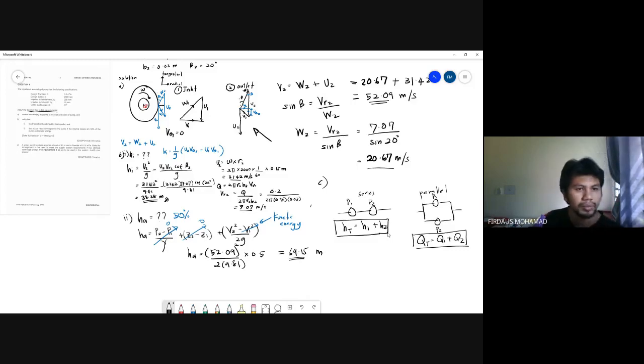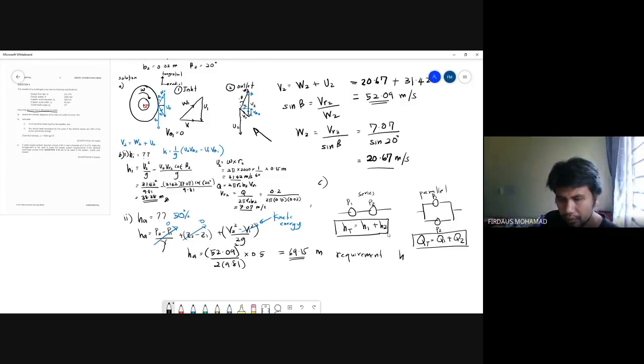Okay, so referring this question, yang dia nak berapa? The water system required head is 60 meter. Q required is 0.15 meter cube per second.